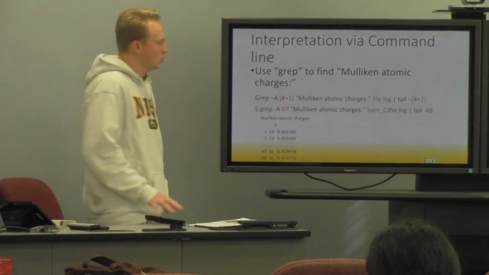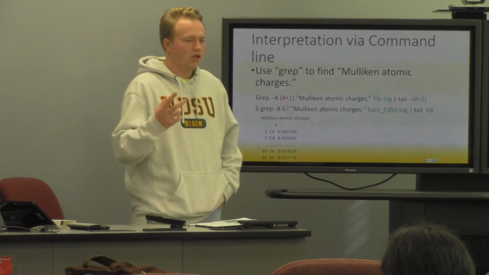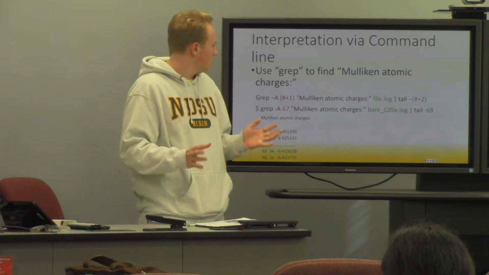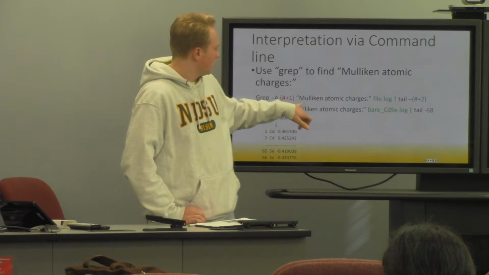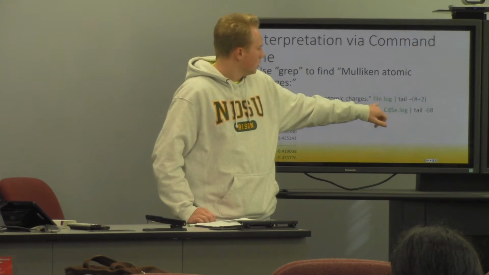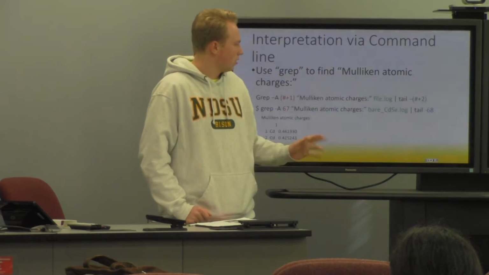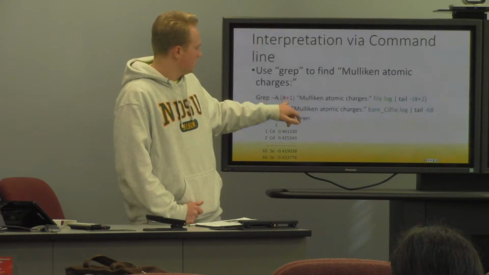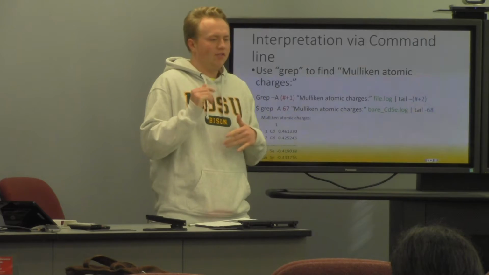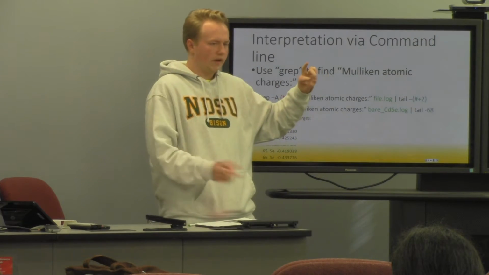If you want to do it in an algorithm and automatically pull out and do things to it, you can do grep -A number plus 1 "Mulliken charges" your file, then tail -n plus 2. The reason why you have these numbers is if it's an optimization, it does it twice, so the initial and final.